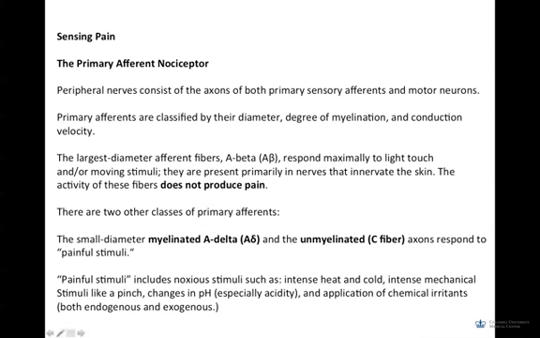So exogenous irritants can be any number of things coming from the outside world. But endogenous irritants tend to be basically inflammatory mediators and also some components of intracellular fluid. So things like potassium are very irritating to these nerves.